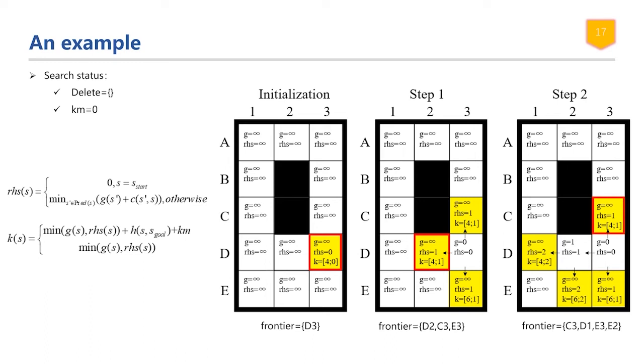The first search is expanded from the goal in the initialization. The RHS value of the goal is set to 0 and its G value to infinity according to this formula, and the priority key value of the vertex is calculated according to this formula.